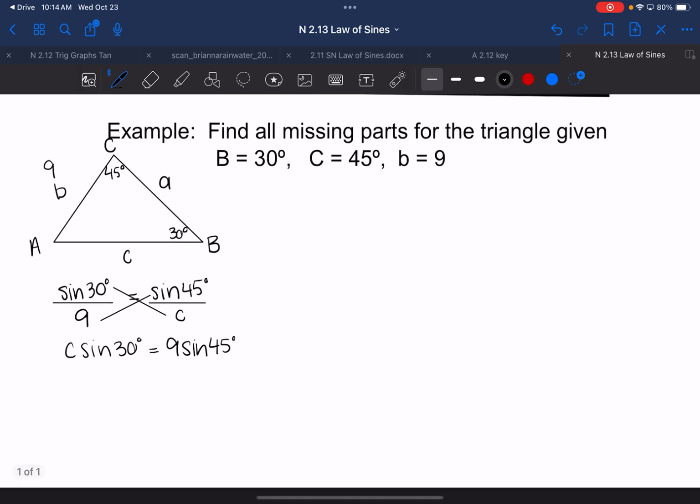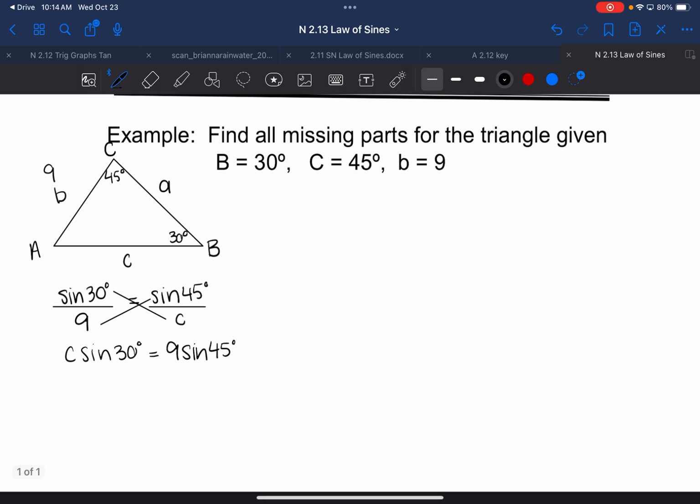So right now, C is being multiplied by sine of 30. So how could I get rid of that sine of 30? Divide. Okay, so I'm going to divide both sides by sine of 30 degrees. So those would divide out.